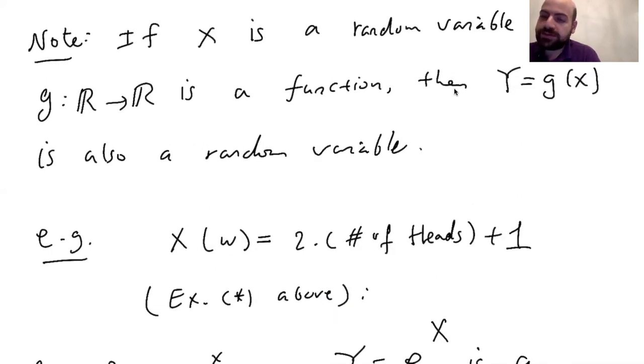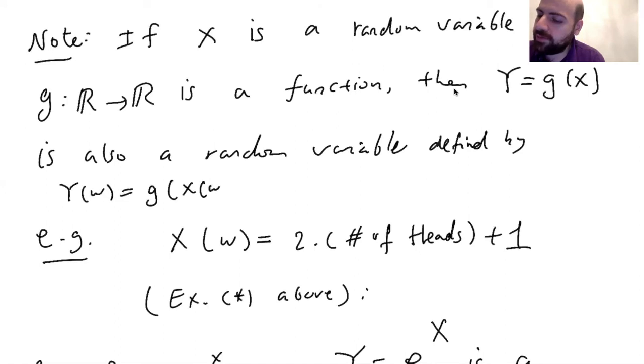I can also explicitly say what the formula for this random variable is. It is defined by capital Y of omega equal to g of capital X of omega.